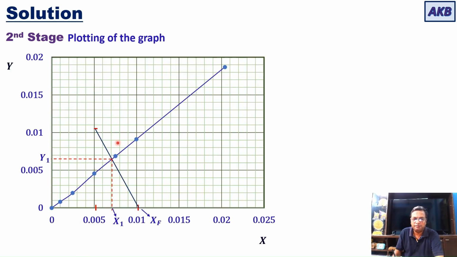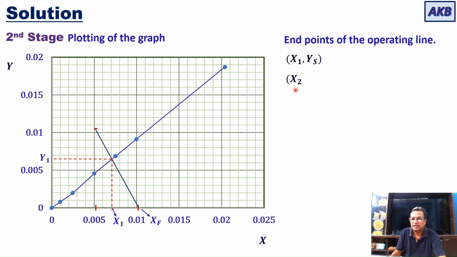The graph that was previously drawn, I am taking that graph in my discussion. For the second stage, the operating line has endpoints, which are X1, Ys and X2, Y2. Out of this, the first endpoint is known to us, the endpoint with coordinates capital X1, capital Ys.